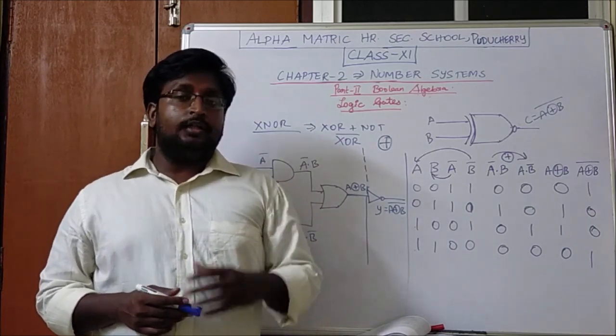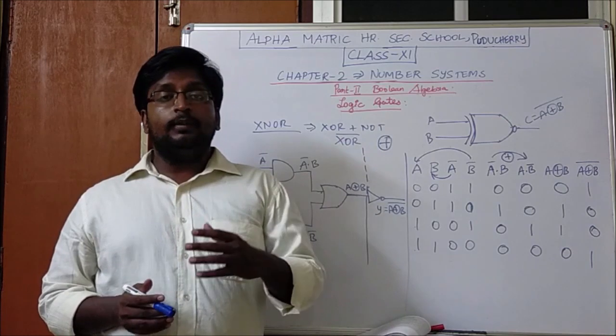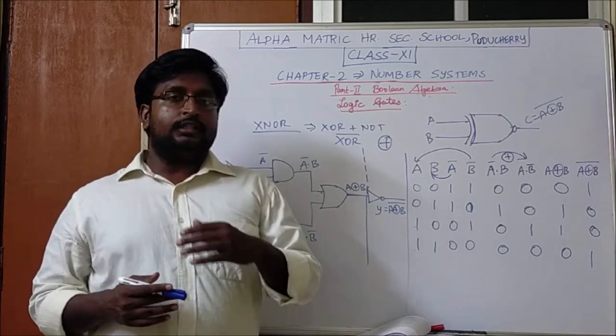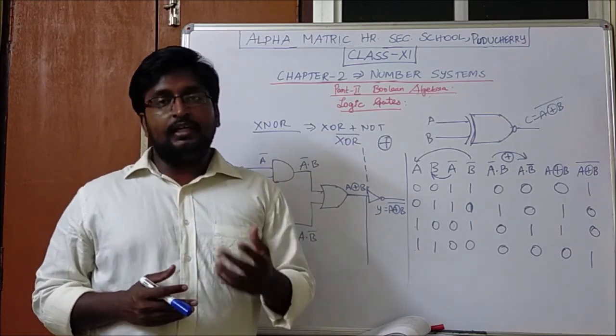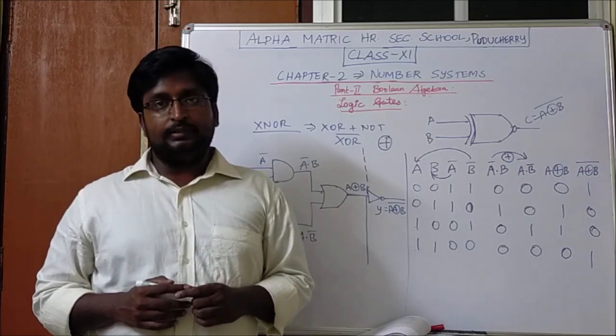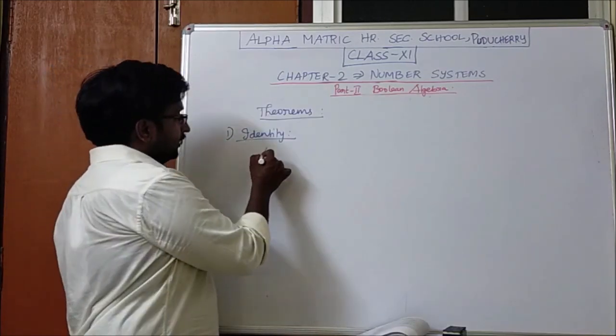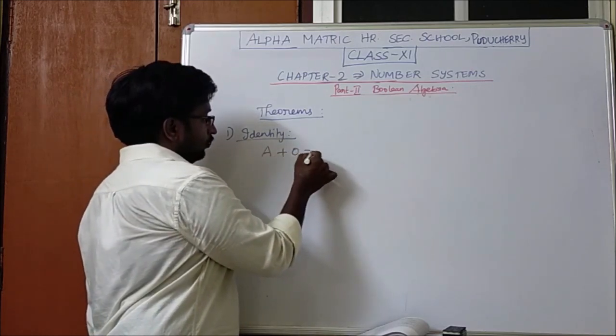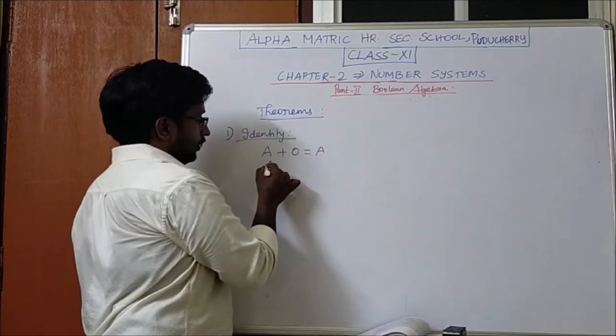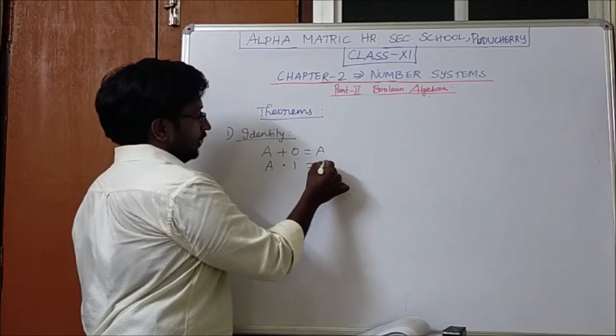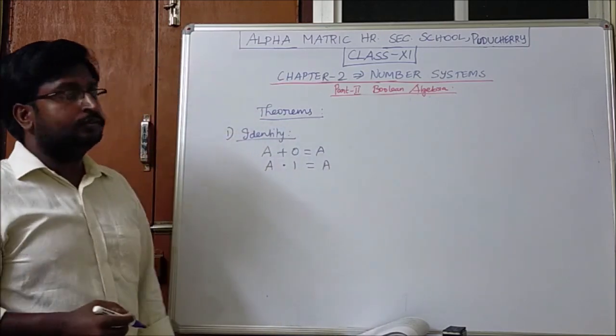Next, in your book they have given some theorems of Boolean algebra. Let us prove the theorems of Boolean algebra. The first theorem is the identity theorem, that is, A plus 0 is A, or A into 1 is A. This is the theorem which they have given.